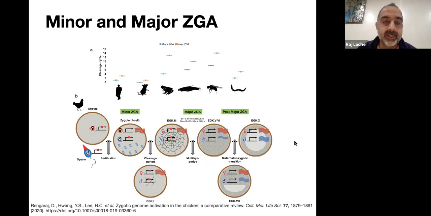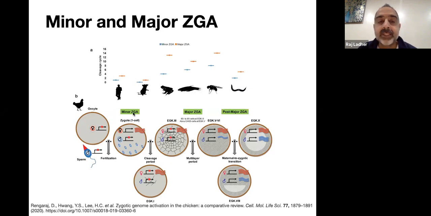Okay, so zygotic gene activation is, of course, when transcription in the zygote starts. There are two ZGAs, zygotic genome activation. There's a minor and a major ZGA, and so all animals have this.